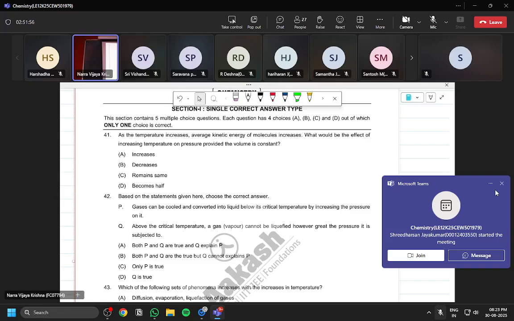Right. Start. As temperature increases, average kinetic energy of molecules increases. Correct or not? K equal to what is the formula? K equal to 3/2 RT. Average kinetic energy equal to 3/2 RT. What would be the effect of increasing temperature on pressure, provided the volume is constant?